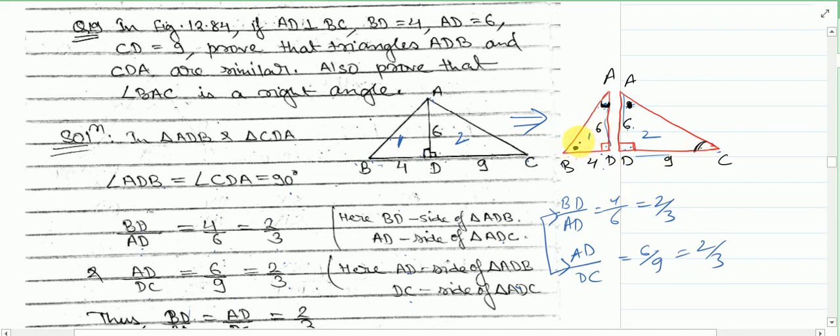So let's say this one is x degree, this is x degree, so this has to be 90 minus x. So if this is 90 minus x, then this will be also 90 minus x. Now if you take sum of these two, x and 90 minus x, obviously you will get 90 degree.